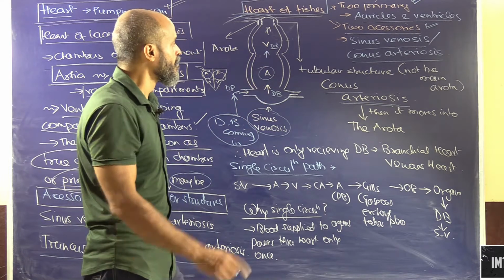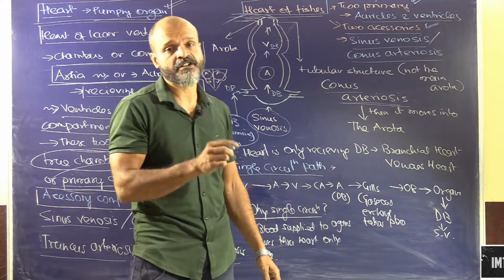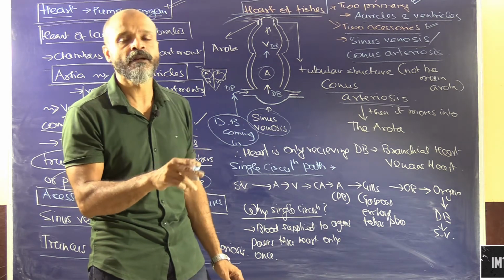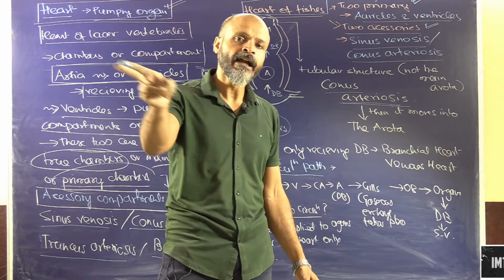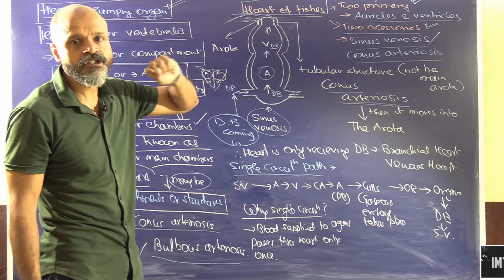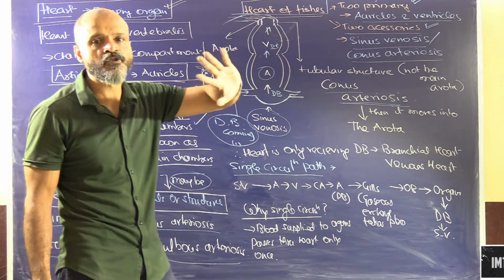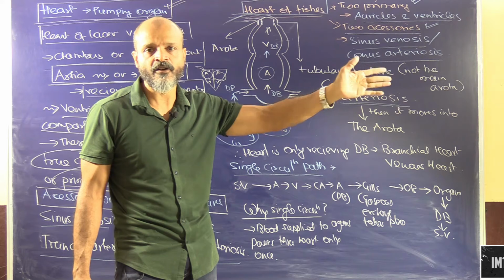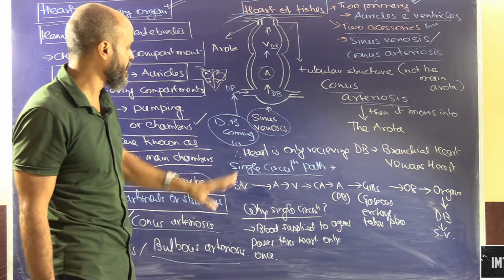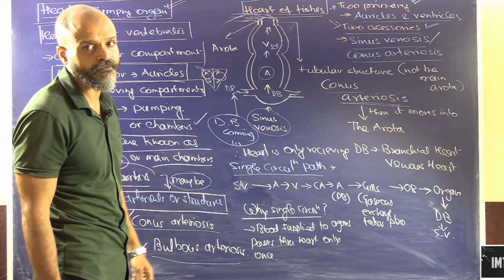So this will move into the gills where the gaseous exchange takes place, and that's where the deoxygenated blood will convert into oxygenated blood. Here the pumping organ, the heart, is just circulating the blood. It is not taking care of any oxygenated or deoxygenated part. The gills are going to take care of that, and that's how the hearts of the fishes work.